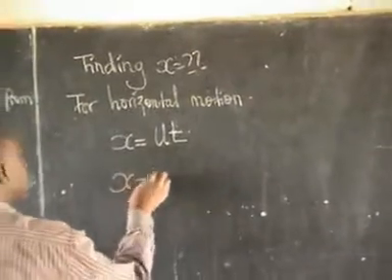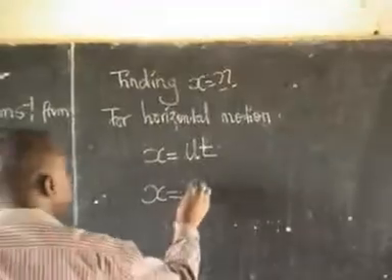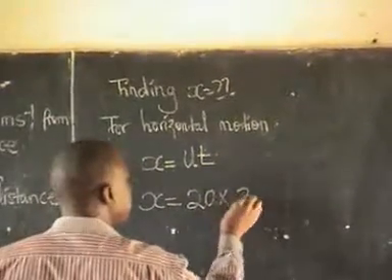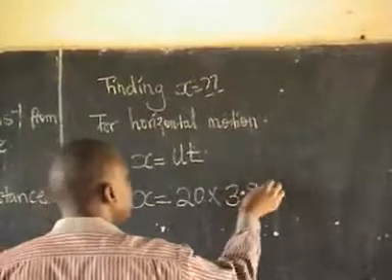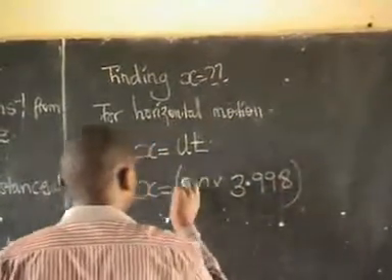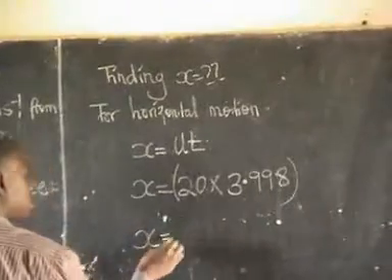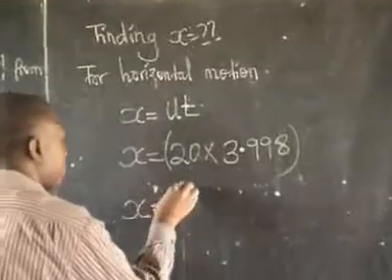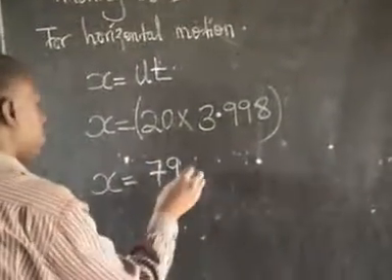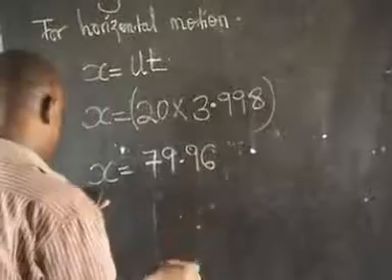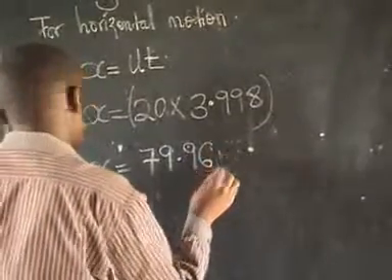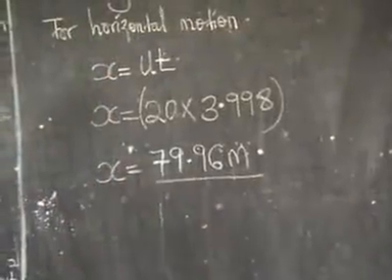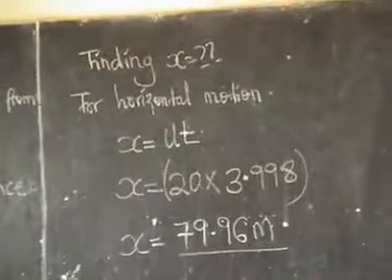Therefore x will equal u, given as 20, times the time which we got, 3.998. So we shall get our x as 79.96 meters. That will be the horizontal displacement.